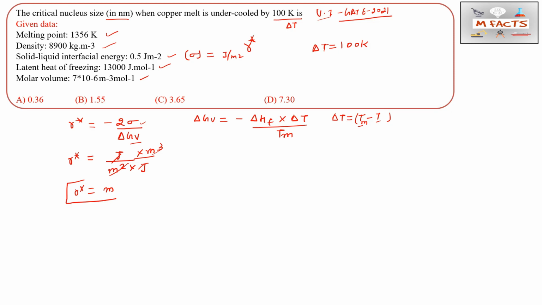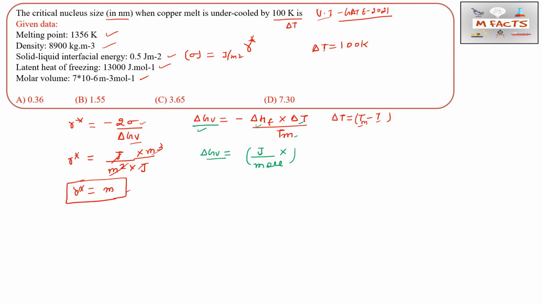This is why I am pointing this out: how do we find the unit? Suppose the latent heat of fusion is in joule per mole, and delta T and Tm are in Kelvin. But we need delta GV in joule per meter cube, while we are getting joule per mole.